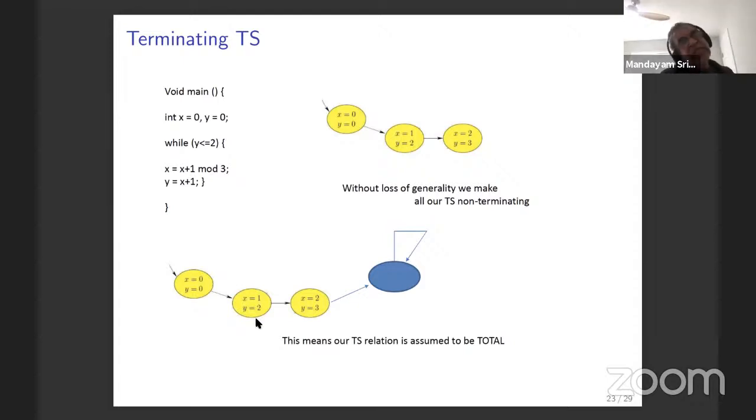If that is not the case, then you will have to have a different set of techniques. What I'm focusing on is analyzing those systems which are inherently finite, or infinite state systems which can be abstracted into finite state systems.